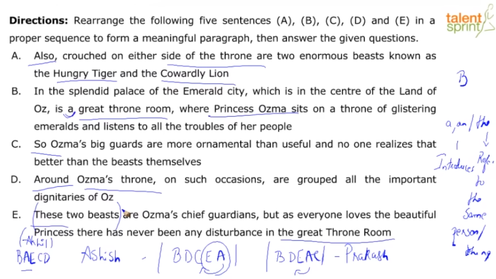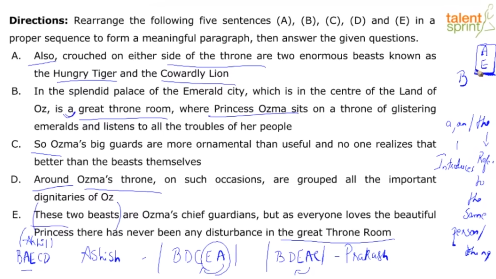So only Akhil got that sequence right, E following A. However, we still don't know if A has to follow B. That is still pending. I don't know about that. What I know is E has to follow A, for sure. Leaving that aside, I'm just going to put here A, E. E has to follow A. That is my connecting thing, I know that.